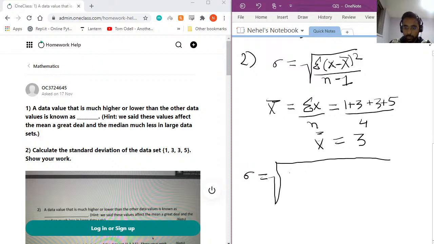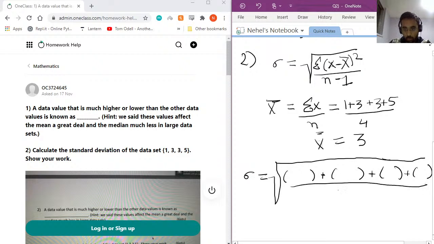So we would have 4 values representing our 4 points in the data set, divided by n minus 1. N is 4, so we're dividing by 3.